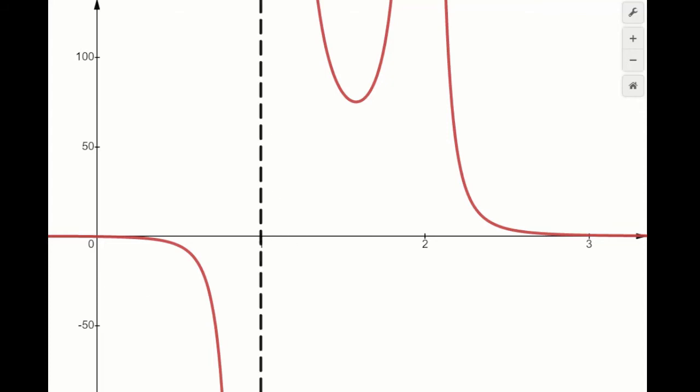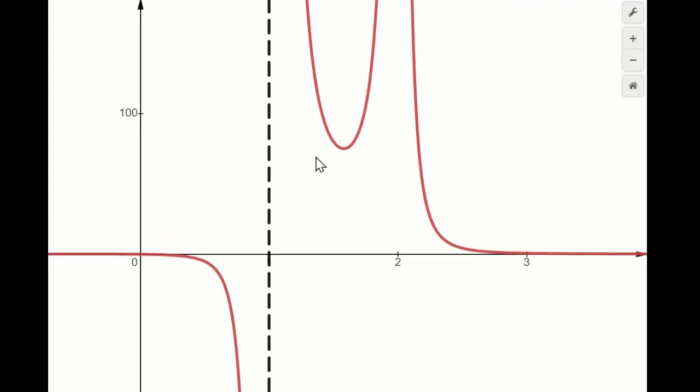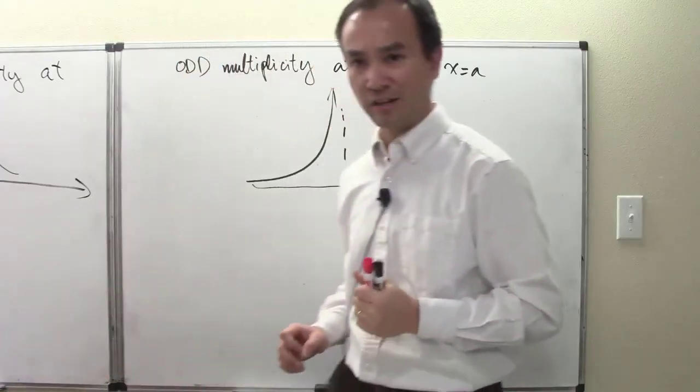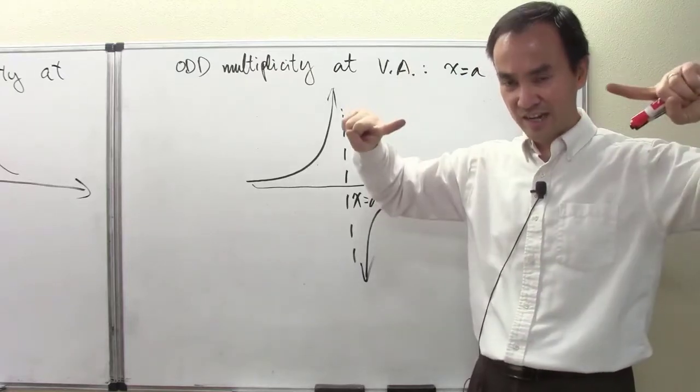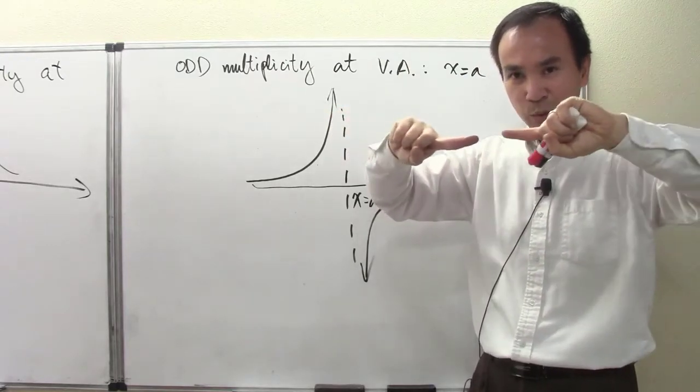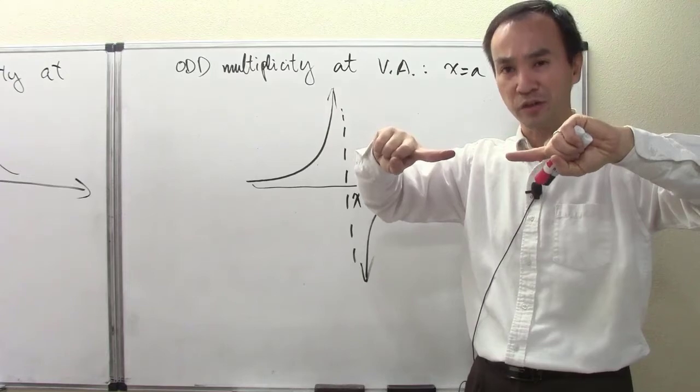So here it is. And once again we notice it still has that similar shape as I was pointing out earlier. One side goes up, the other side goes down. As the graph gets close to it, the two sides are pointing in opposite directions vertically.